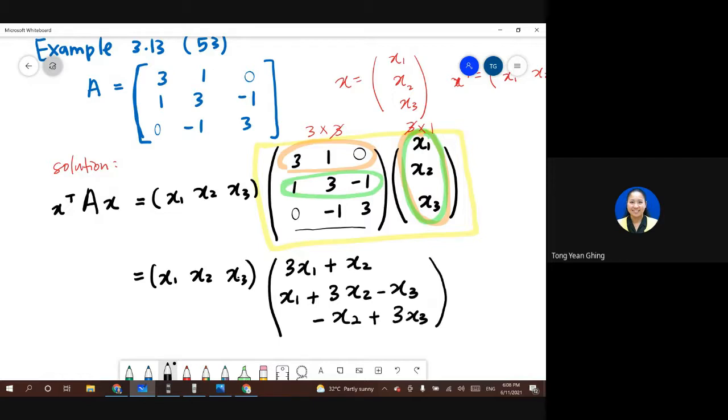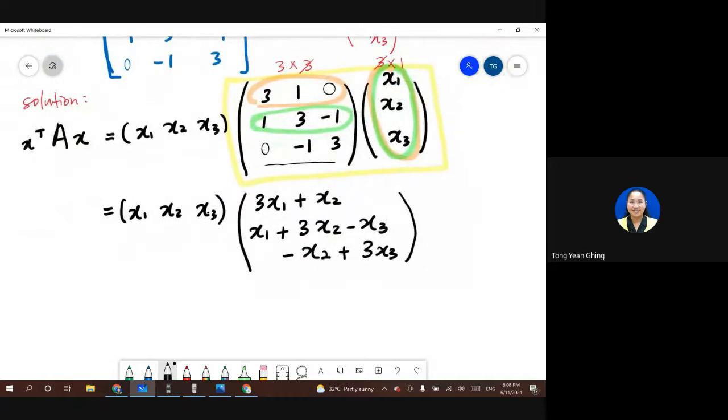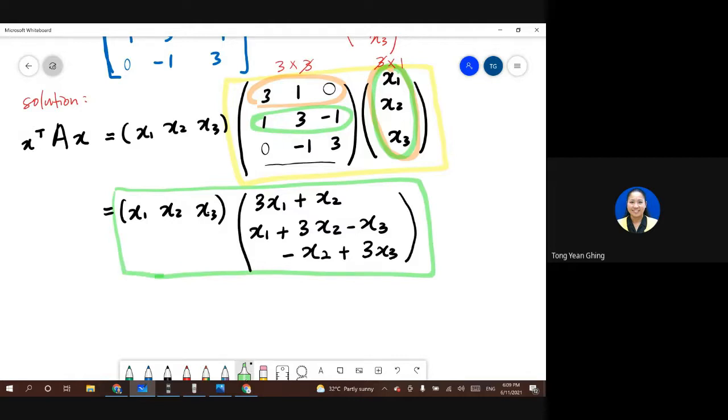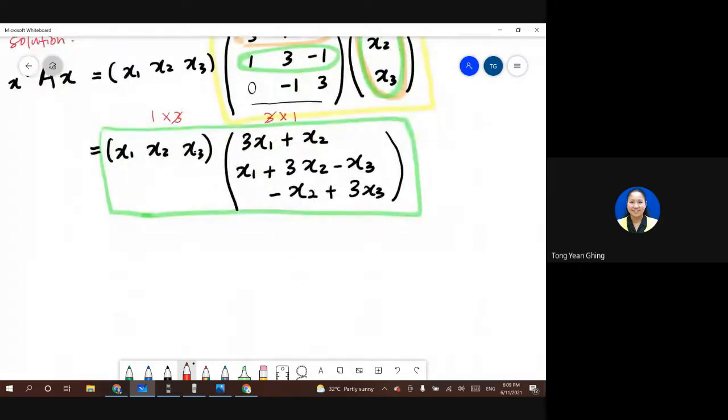Okay, so it becomes like this. And later on, we will use multiplication. We will solve these two matrices multiplication, where this one is the 1 times 3 matrix, 1 row and 3 columns, and this one is 3 times 1, 3 rows and 1 column. When we do the multiplication, it will become 1 times 1, so it becomes 1 line.